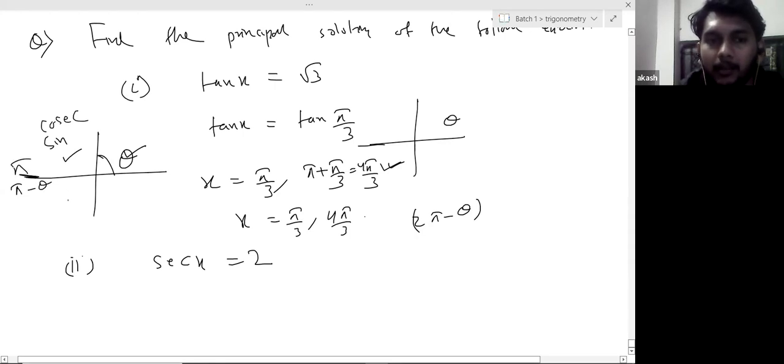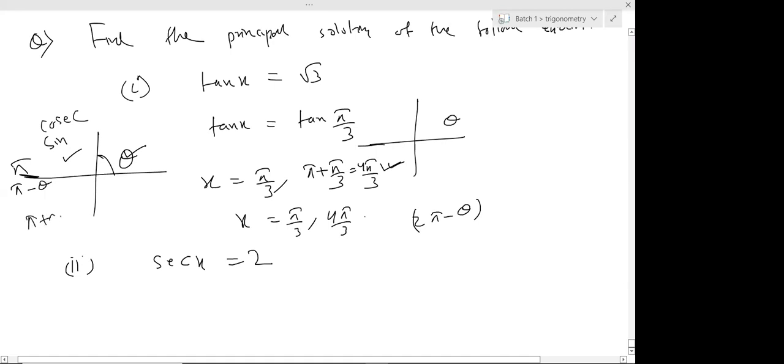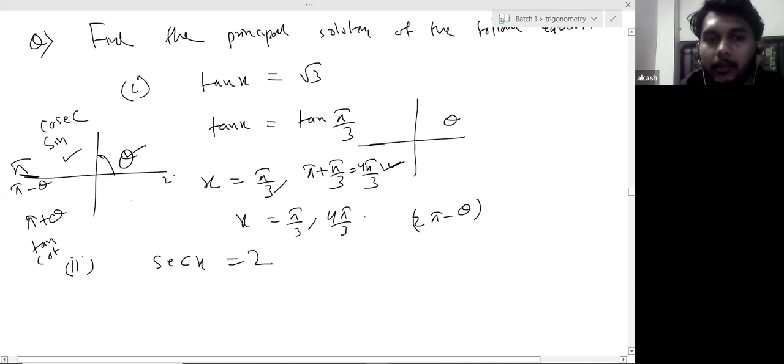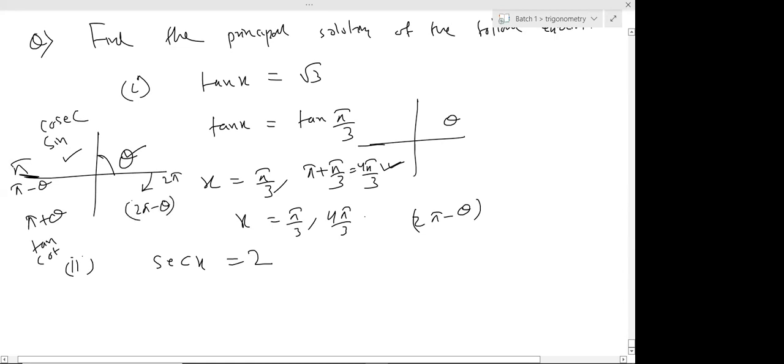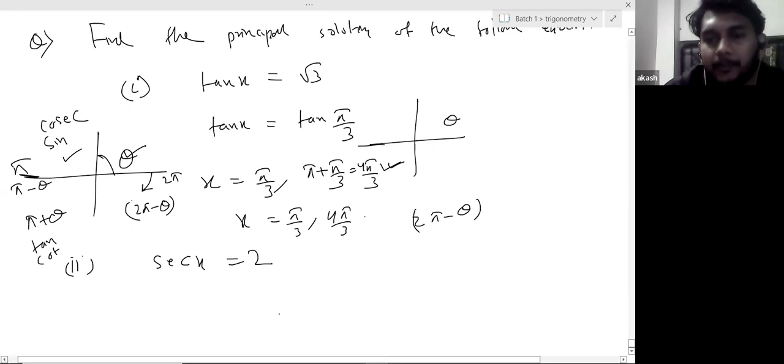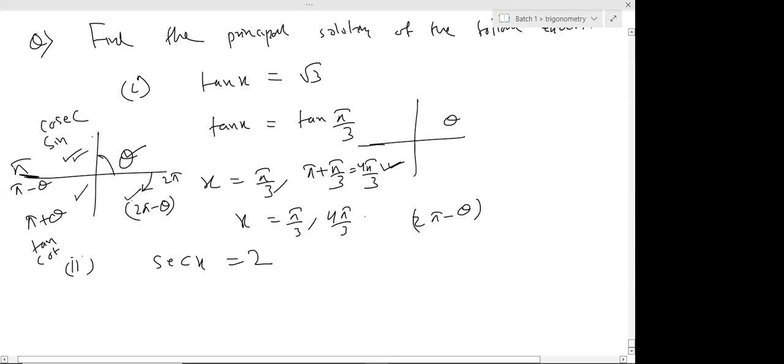In the third quadrant, pi plus theta for tan and cot. In the fourth quadrant, 2 pi minus theta. Why so? Because we know that for the multiple of pi, the trigonometric functions don't change, and for the specific quadrants, they are positive. All right. 2 minutes, I'll just give the answer.